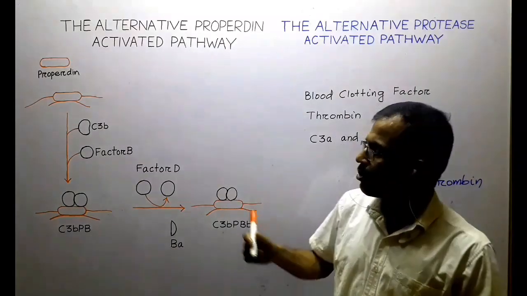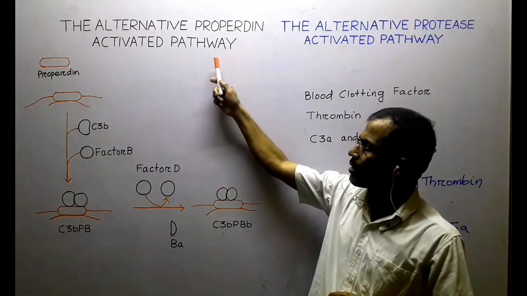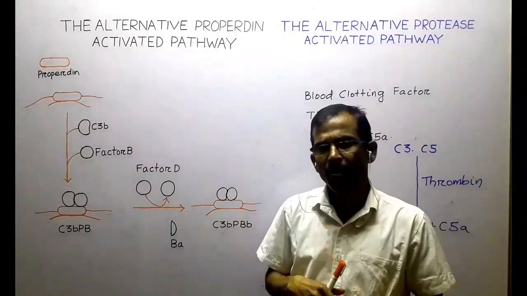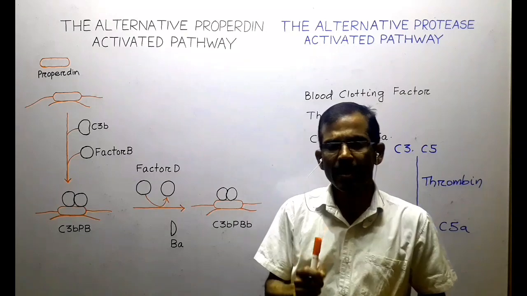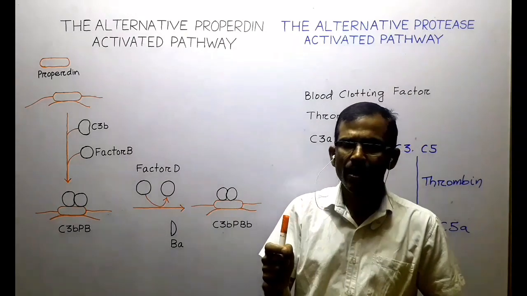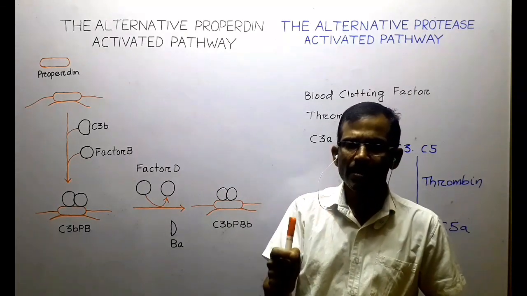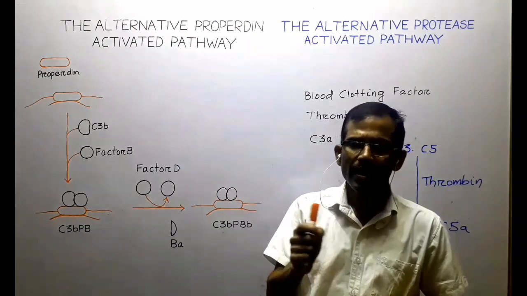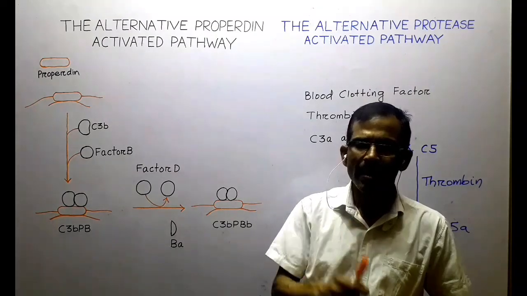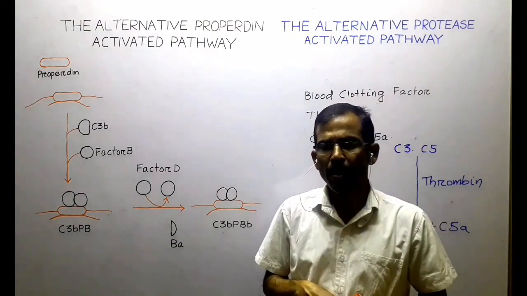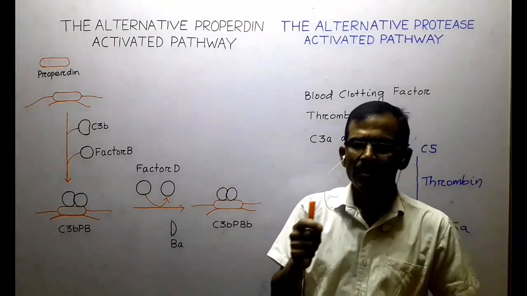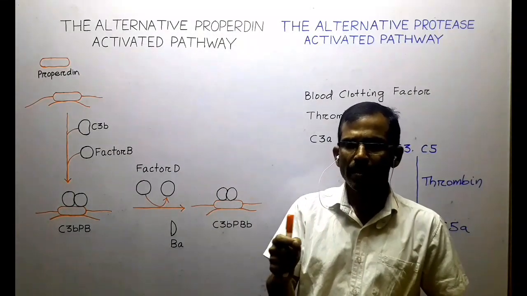First of all, we shall discuss about the alternative properdin activated pathway. While discussing the alternative pathway of complement activation, we came to know about properdin as a regulatory factor in stabilizing the membrane-bound C3 convertase whose composition is C3b-Bb.